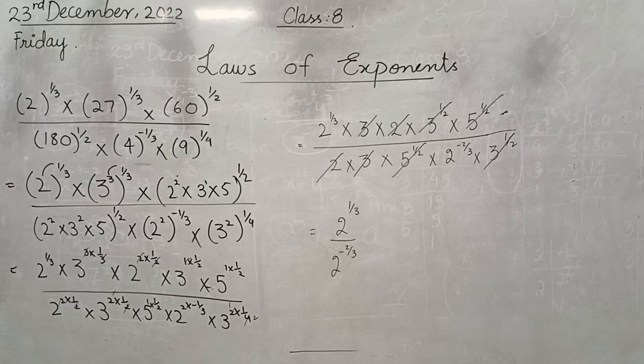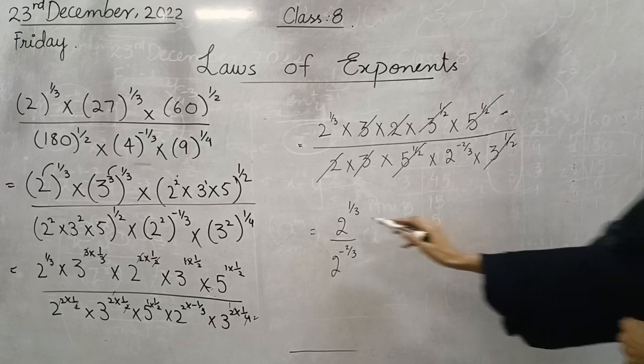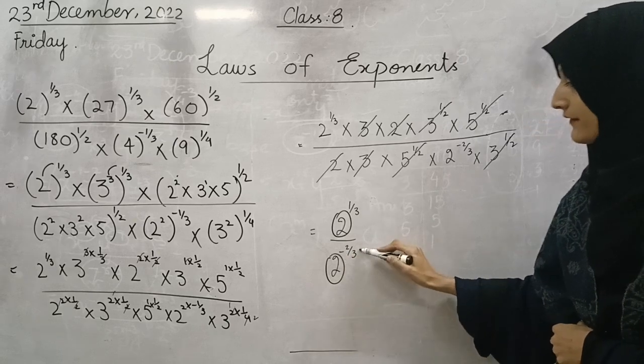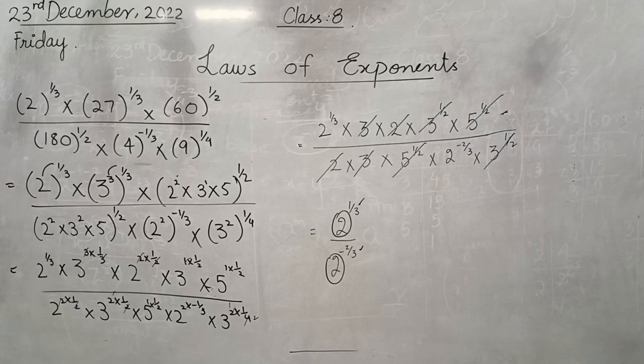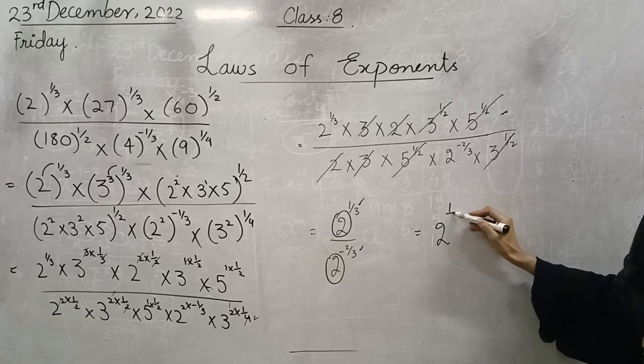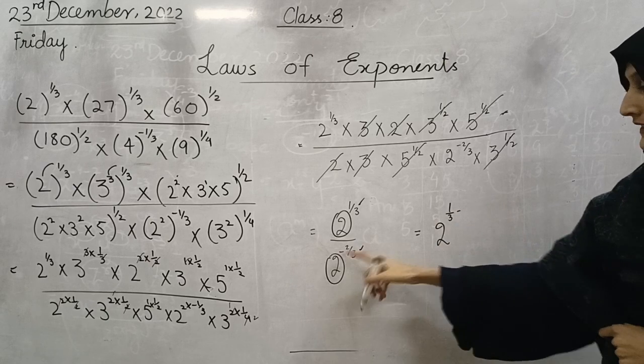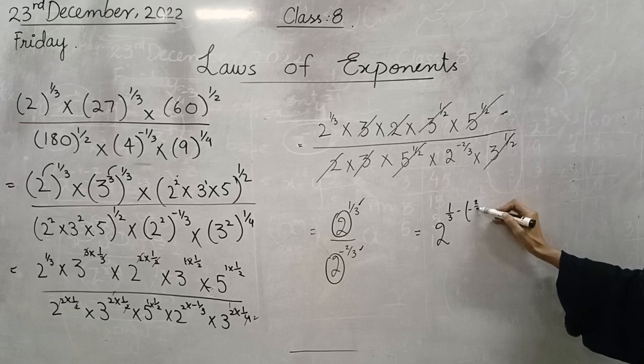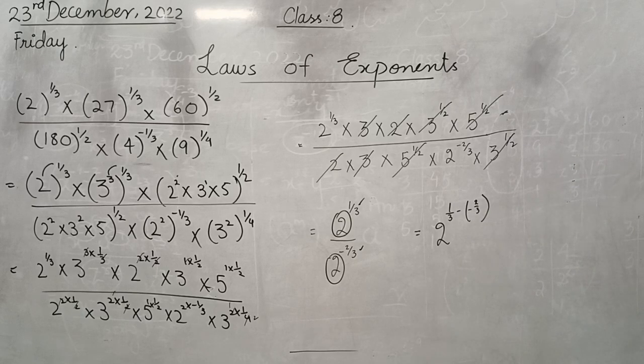Now look at this and identify which law will be applied. We have two same bases with different exponents and they are in division form, so we will subtract the exponents.